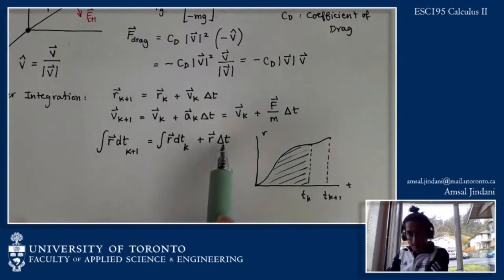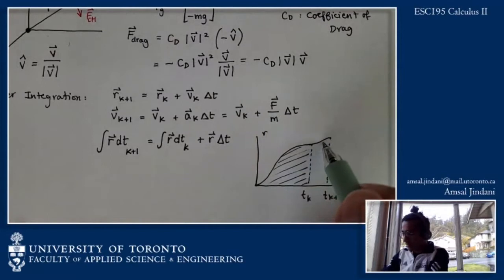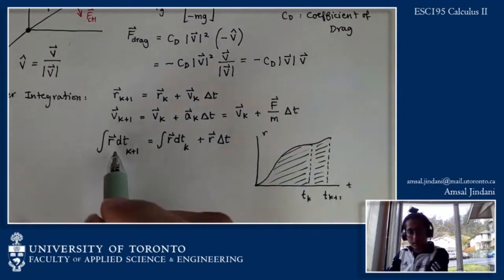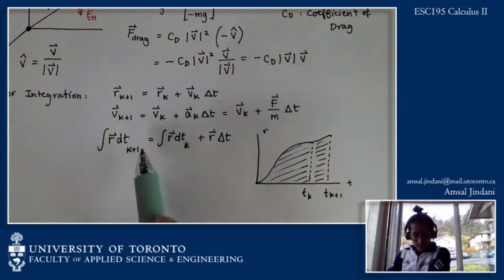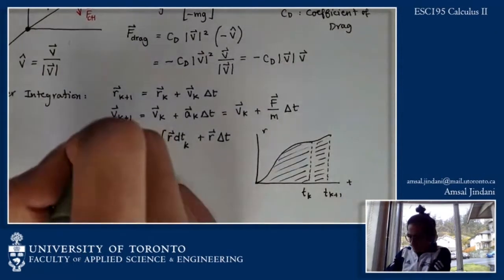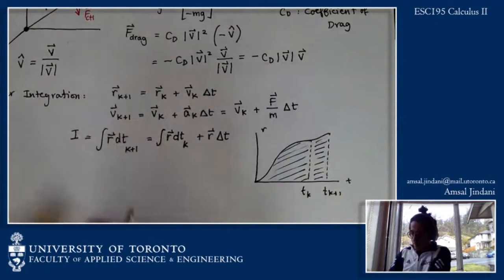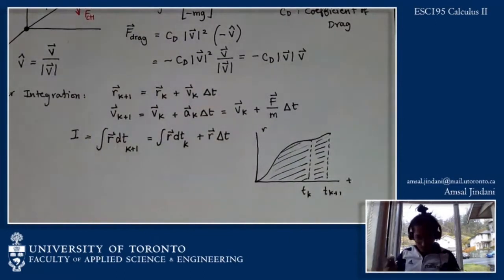And then this r delta t is just an approximation of the area in this strip over here. So when I add them up together, I get the integral from 0 to t sub k plus 1. So we're also going to be tracking this integral, and I think in my code I call this quantity I, because I is the integral.